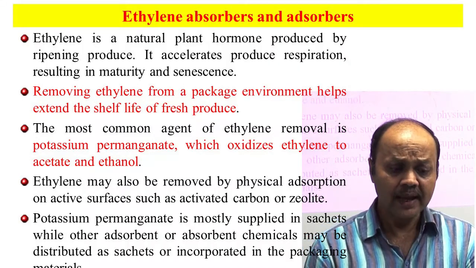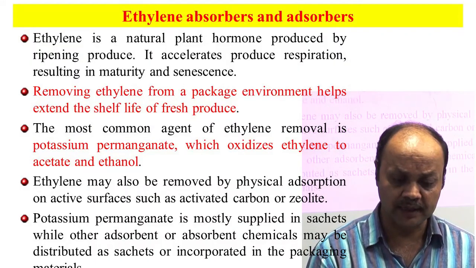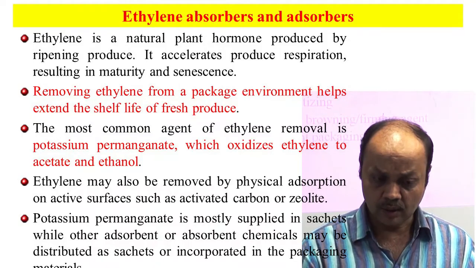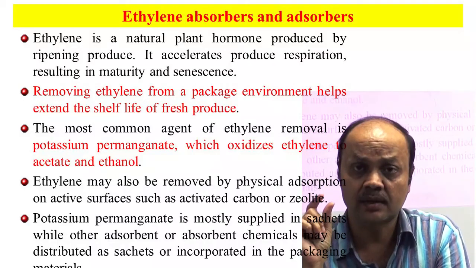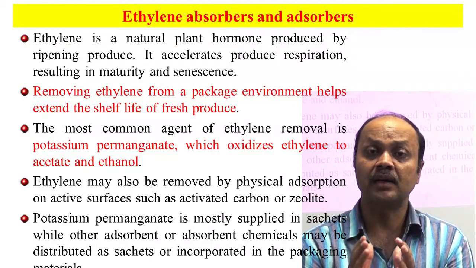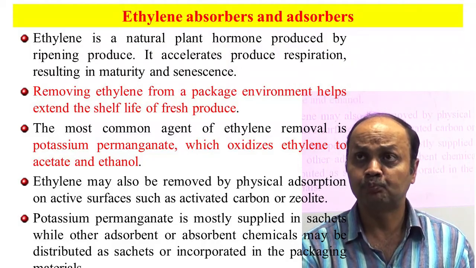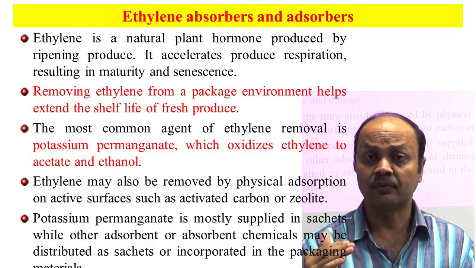Normally potassium permanganate is used. As I told, you can use a sachet, put the active material inside the film itself, or use a closure, and there are different types of technology.